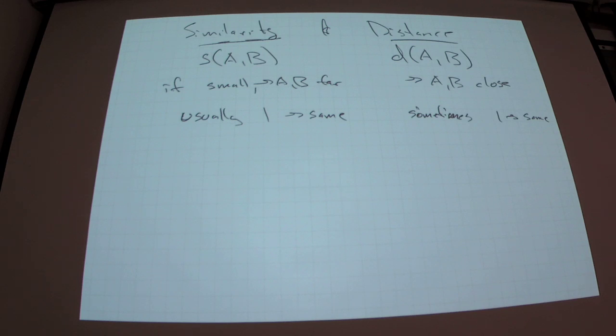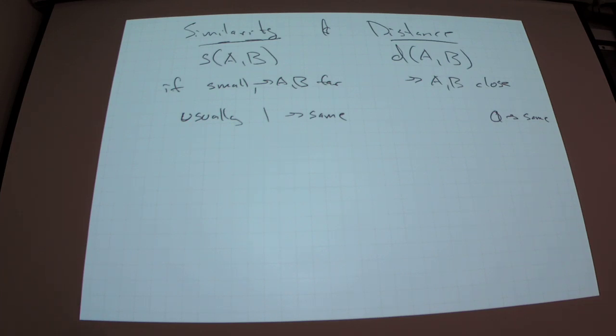Oh, I've got this backwards. I've transposed my notes up here. So in the distance, 0 means the same, and usually 1 means the same in the similarity.